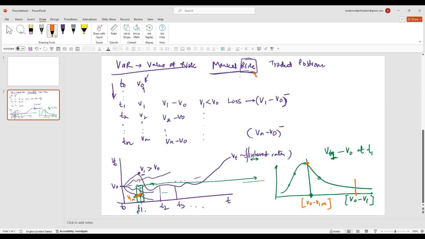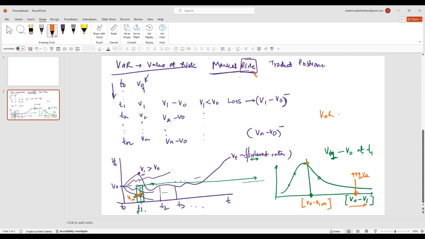So what you're typically interested in is not taking the average, but rather a very high percentile of the distribution. So let's say 99 percentile. And you say, what is the value of this V naught minus V1 at this very high percentile? That becomes actually the VaR.